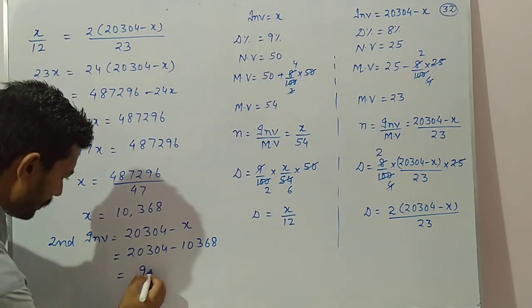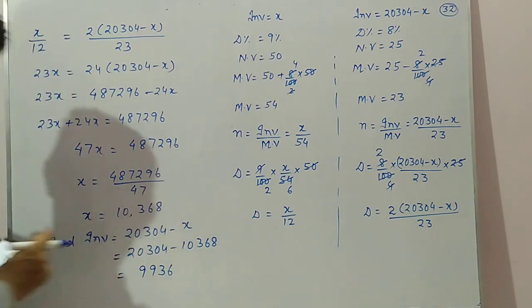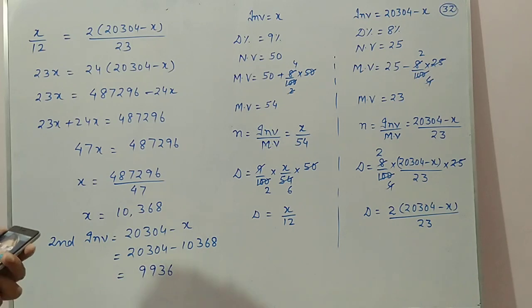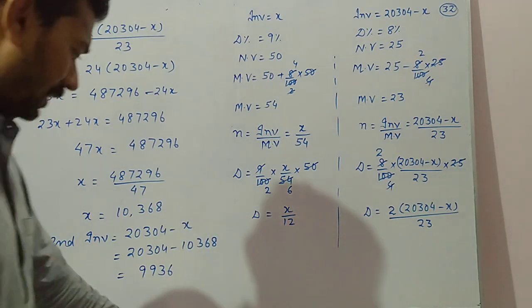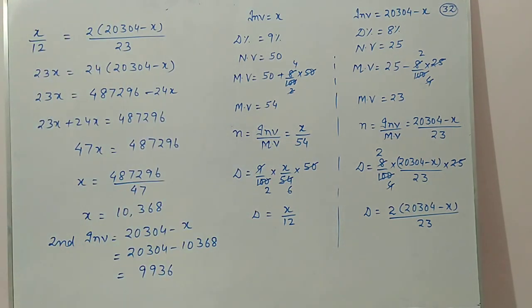That is 9,936. So I think we have completed the exercise, this chapter. Next time we will start the next class. Do the sums and remember, do all the sums in the classwork.